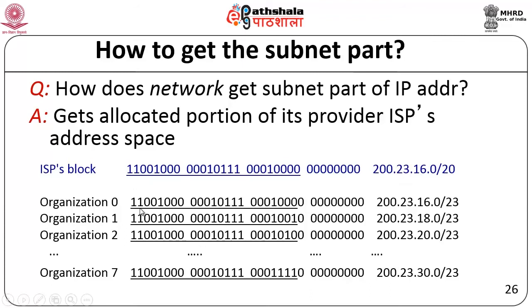Organization 0, for instance, could get a part of that address. Say there are 8 different organizations that need to share this block of addresses. You can see the last 3 bits, 000, 001, 010, and all the way up to 111. These last 3 bits of the network portion of the address can be used to get the subnet part. That will indicate the subnet part.